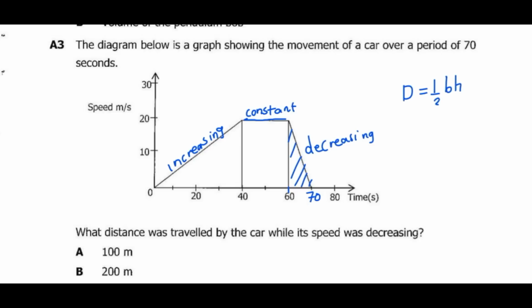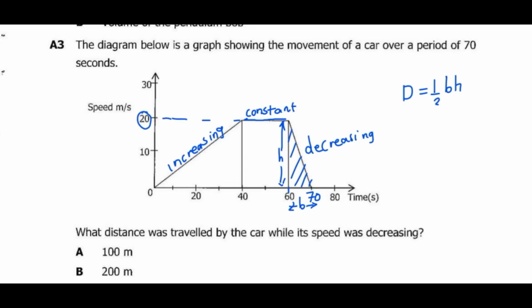So what is the B? The B is the value from here up to here. Then our height is this distance here up to there. So we can see that the height, we'll get it from the y-axis. So we see that our height will be 20.